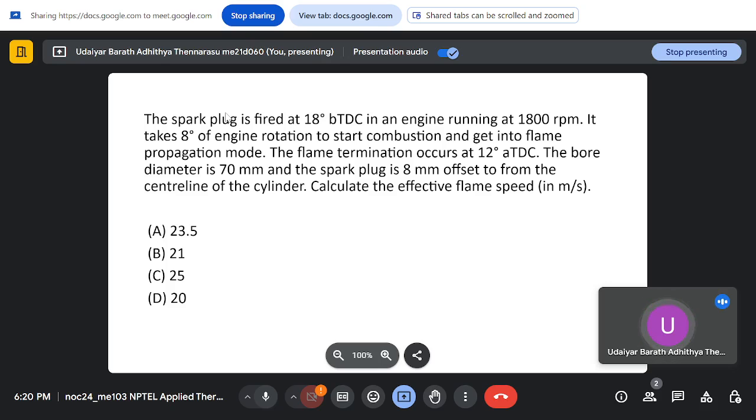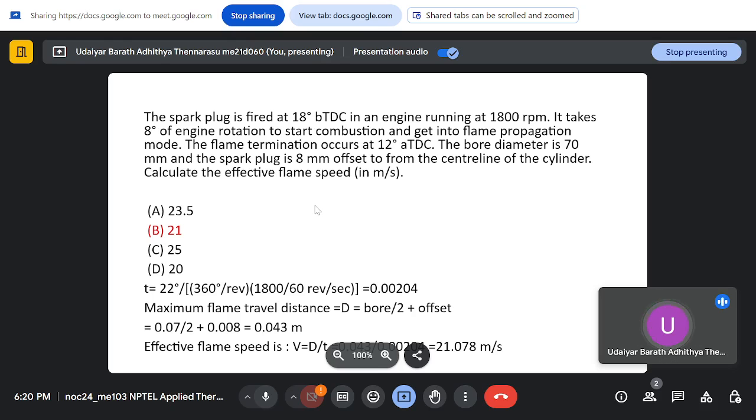Now the bore diameter is given as 70 mm and the spark plug is 8 mm offset from the center line, so it is not exactly at the center. Calculate the effective flame speed. We'll see how to solve this.